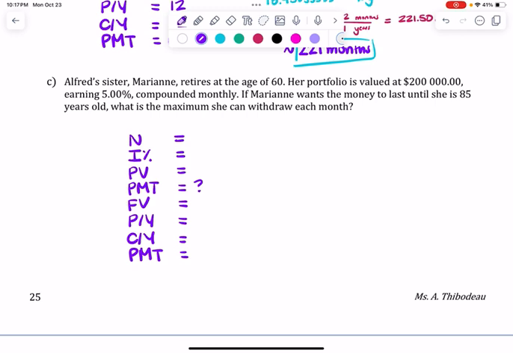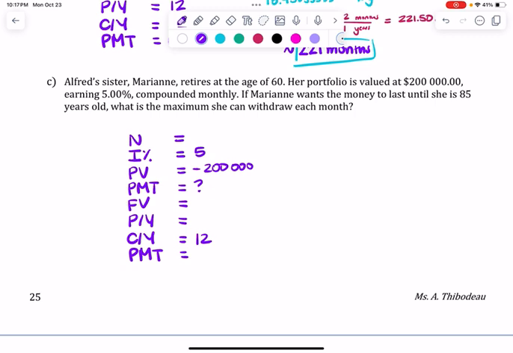All right, we're going to start filling things out, doing N last. 5% is 5, and that 5% interest is compounded monthly. She has a portfolio of $200,000, so that is in her account right now.